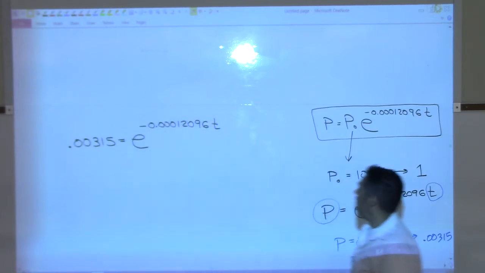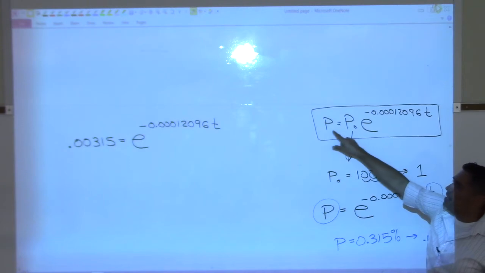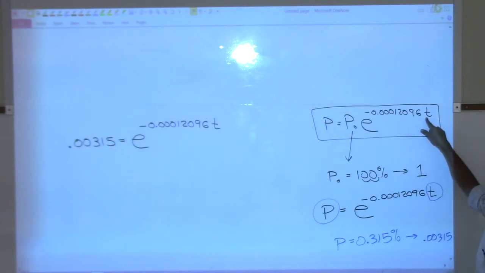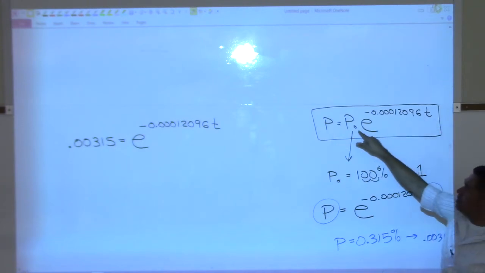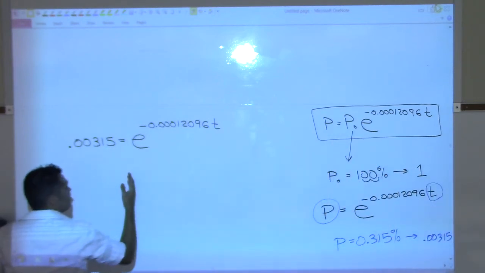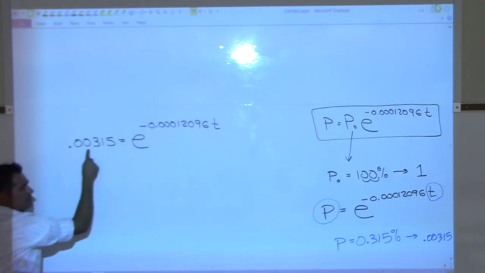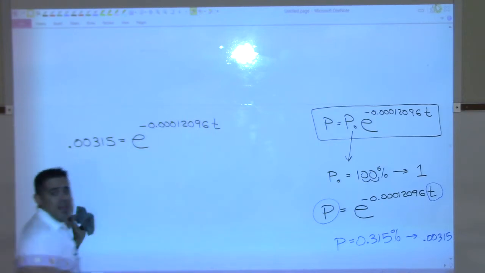Just to recap, this is our original formula. We have to know the starting amount and the ending amount, and then this is the time it takes to go from the starting to the ending. Our starting amount was 100%, so there's a 1 here. Our ending amount was 0.315%, so we converted it to a decimal. Now the only thing we have left to solve for is time.